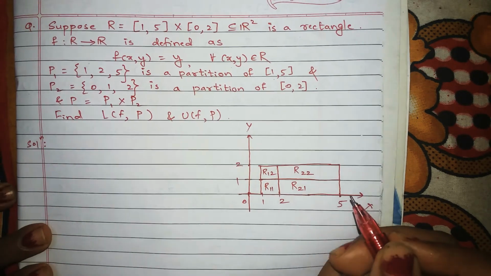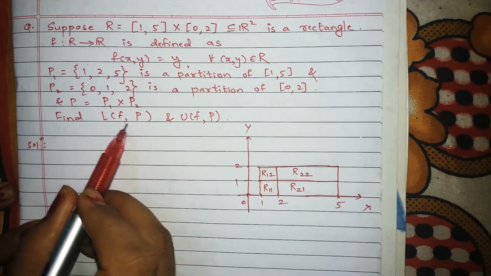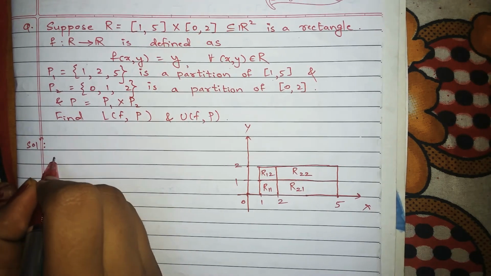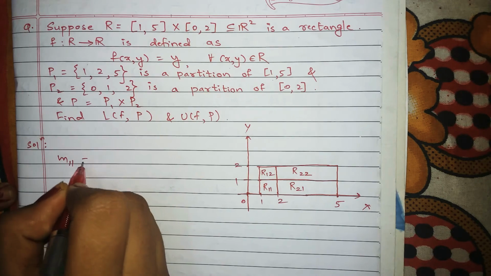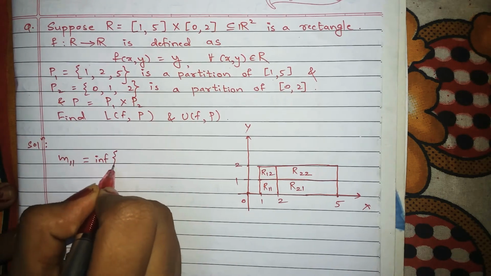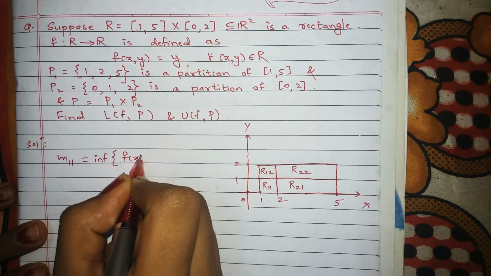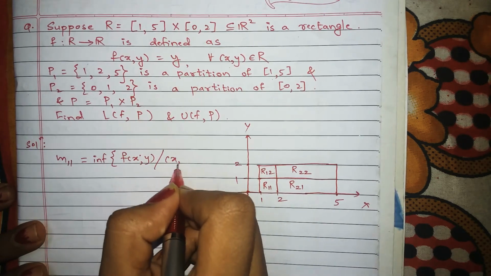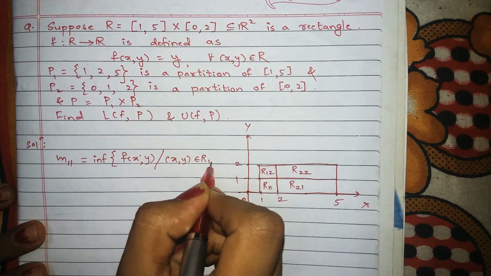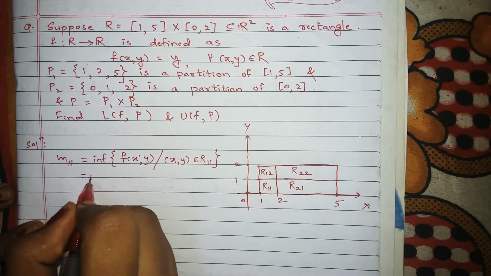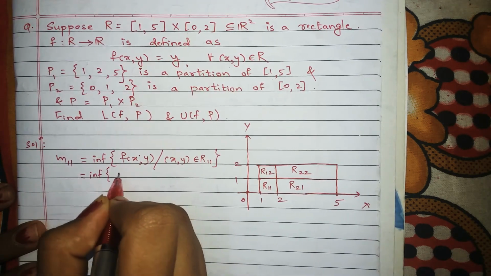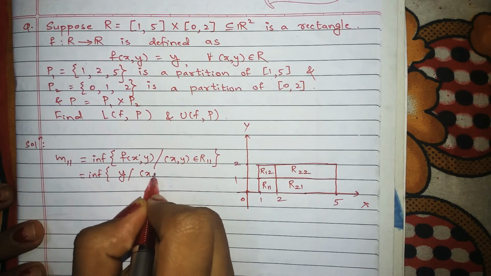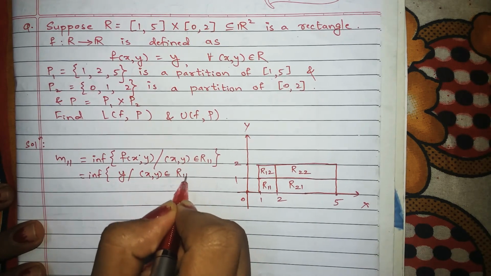Okay, so for lower sum and upper sum you require infimum and supremum. So I am taking M11. It is infimum of the function f(x, y) such that (x, y) is in subrectangle R11, which is y as per the definition of function. (x, y) is coming from R11.